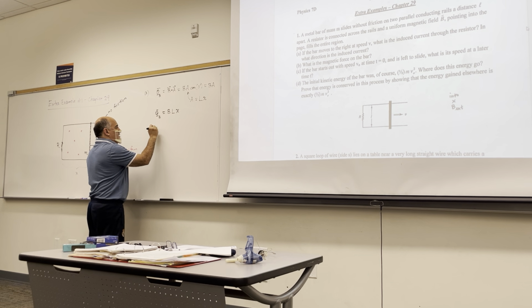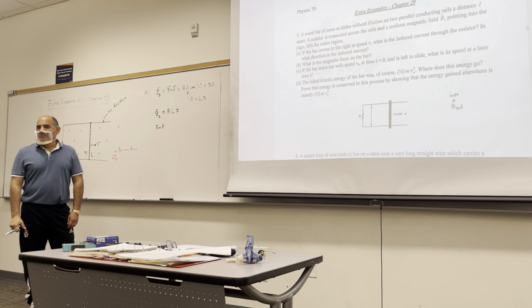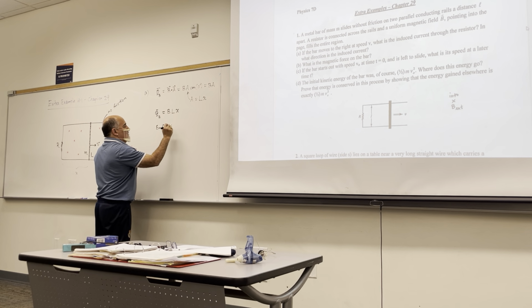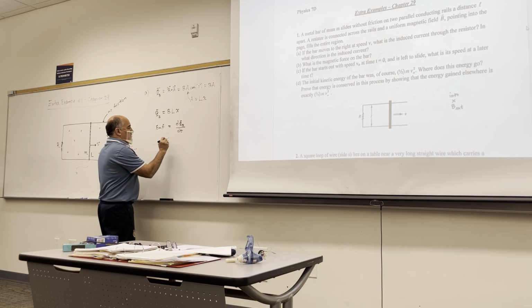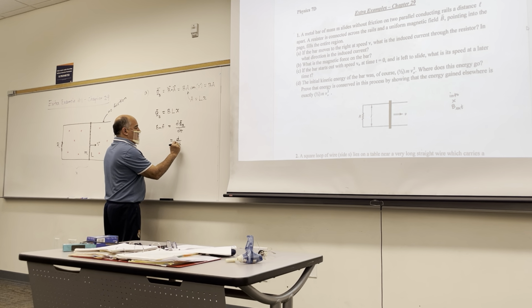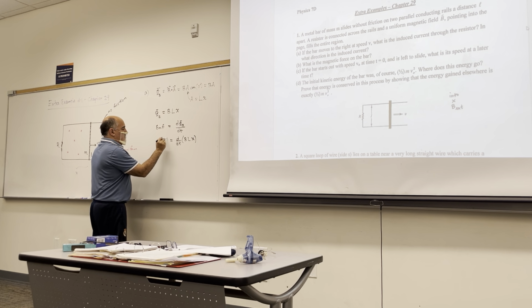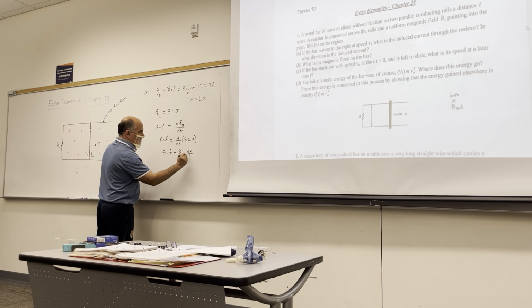So the EMF induced will be the derivative of that magnetic flux with respect to time. I'm not going to put the minus sign because I'll deal with that through Lenz's law. So this will be d/dt of BLX, which is BL dx/dt.